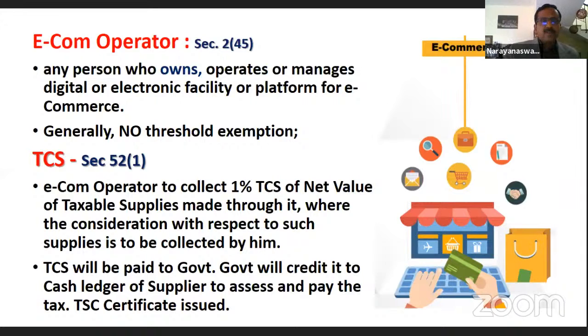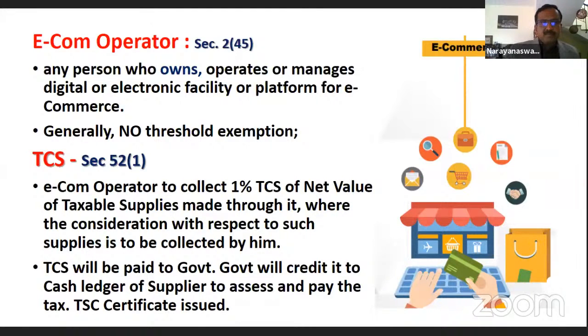And there are a lot of apprehensions, and we have received a lot of questions saying that through Amazon, a lot of people are selling, but they will not be able to pay the taxes. They may be selling today and disappear tomorrow, kind of an apprehension is there. To overcome those apprehensions, the GST has made a provision called TCS, tax collection at source. That means I am an electronic operator.